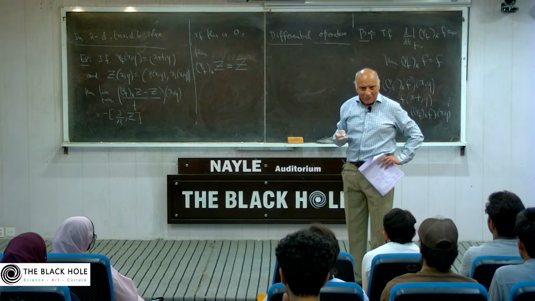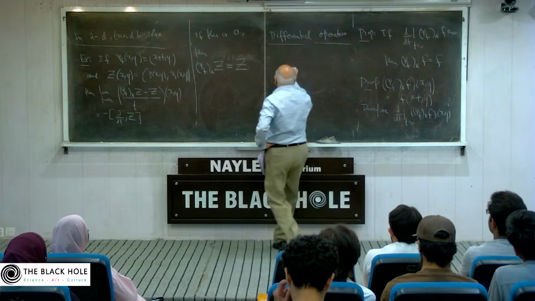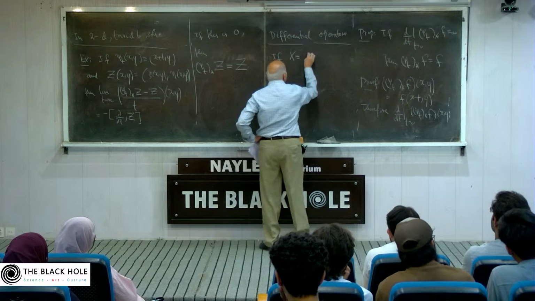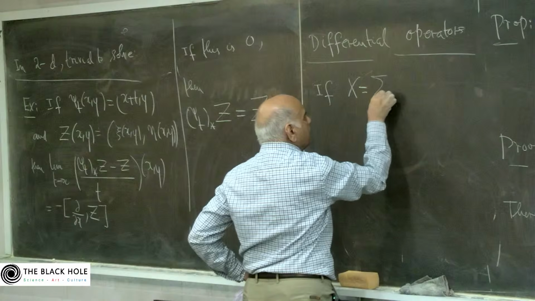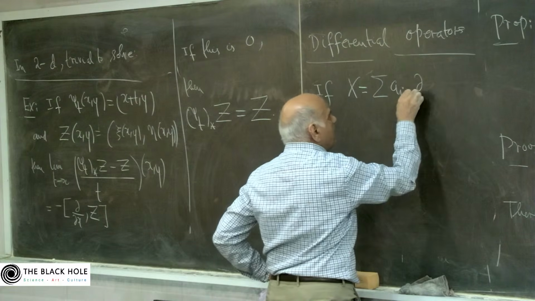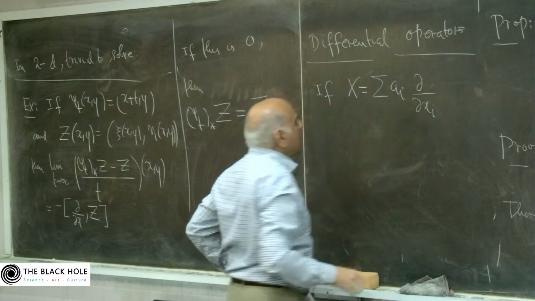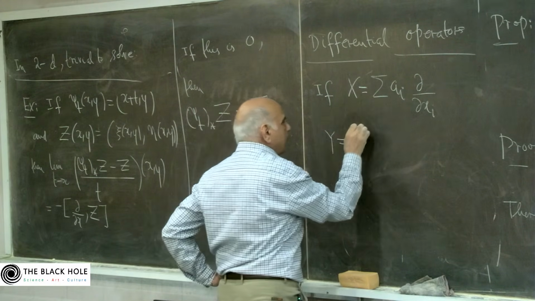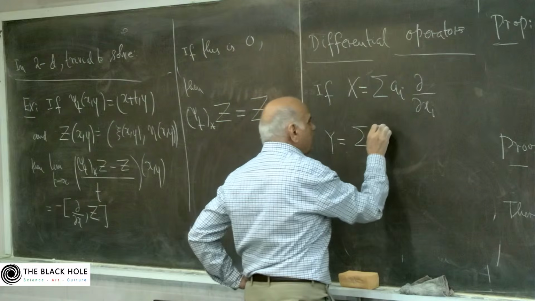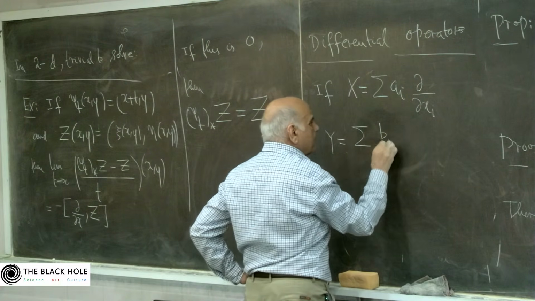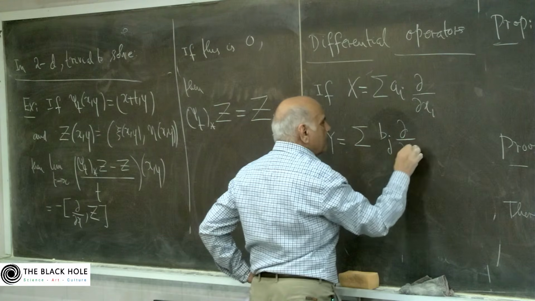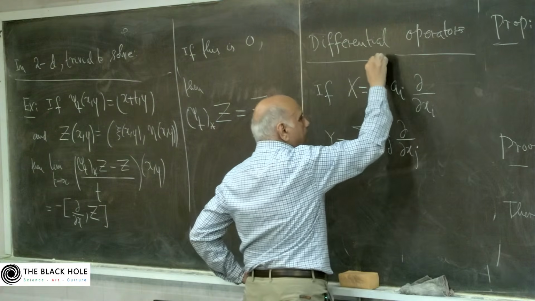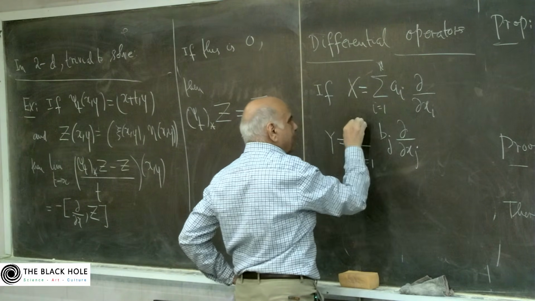A linear operator. So if X is sigma a_i partial by partial x_i, and Y is equal to sigma b_j partial by partial x_j, j equal to 1 to n.